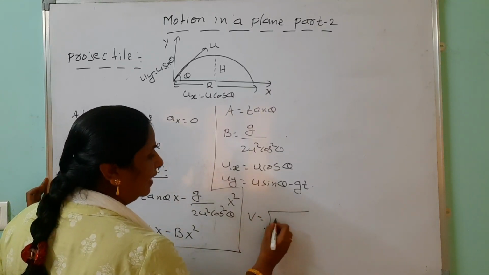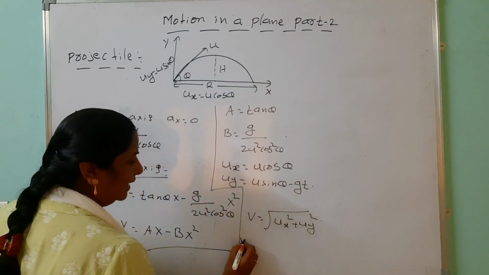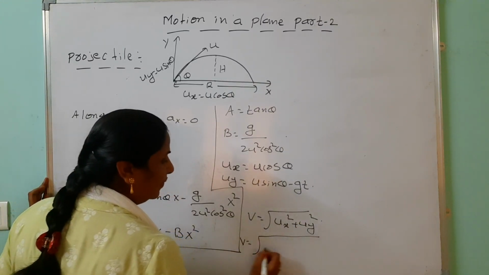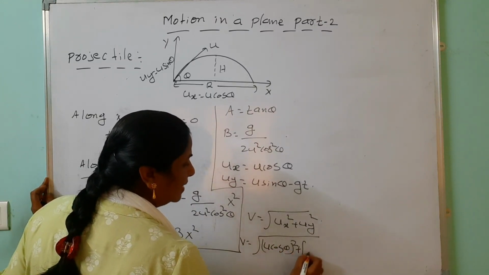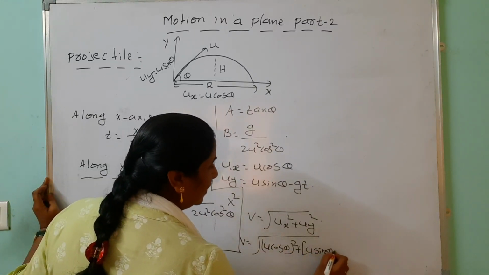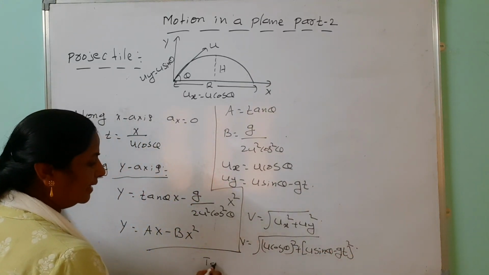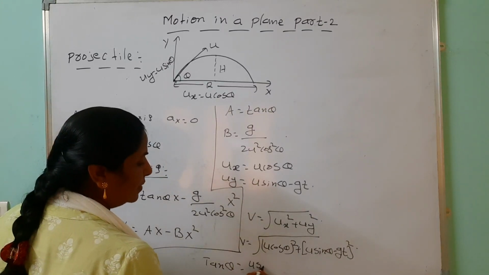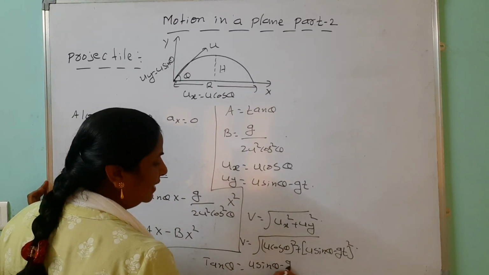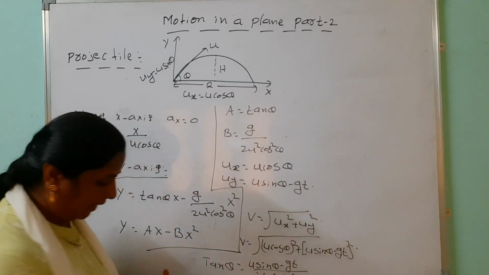V equals under root ux square plus uy square. So we get under root of u cos theta whole square plus u sin theta minus gt whole square. Like that, what is the direction? Tan theta equals y component by x component, u sin theta minus gt by u cos theta. Like that you should find it out.